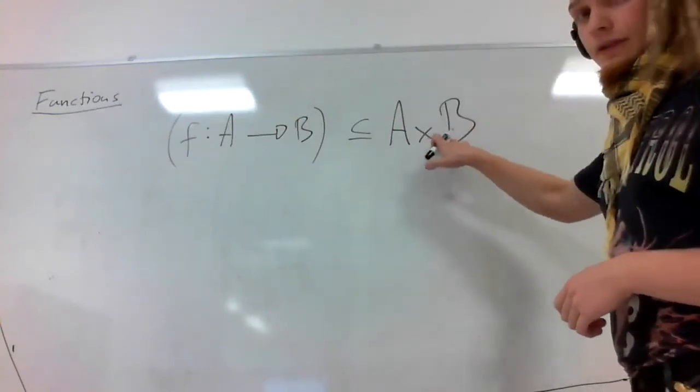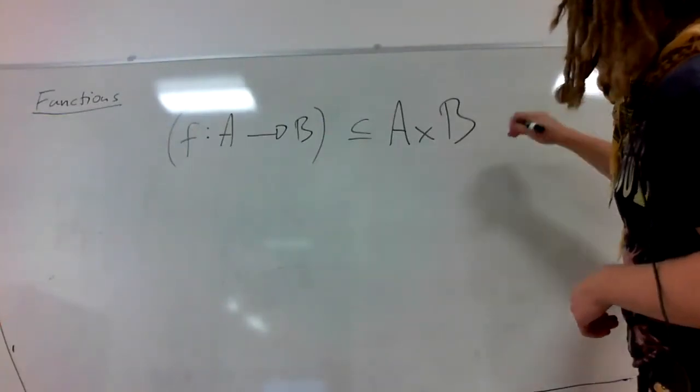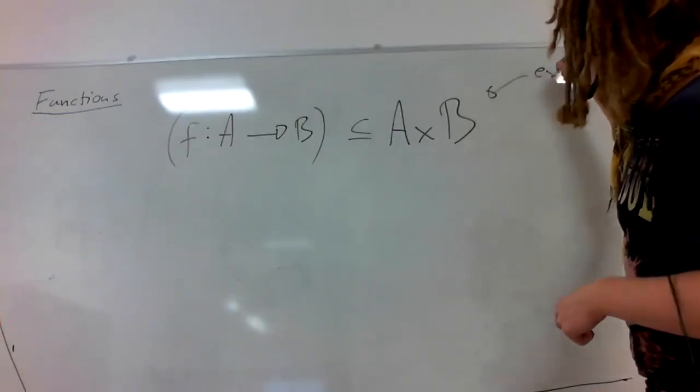Let me quickly write this down. The Cartesian product A cross B, let's make an example.